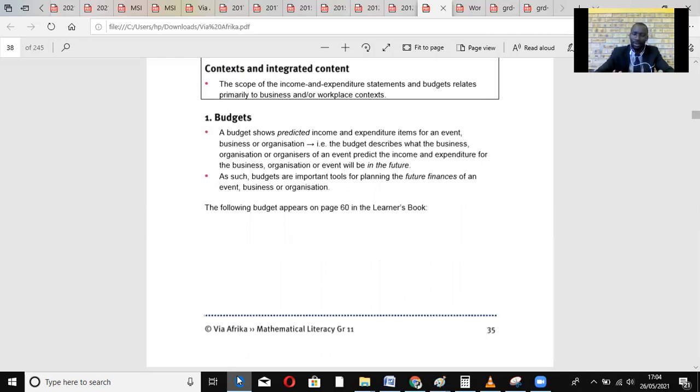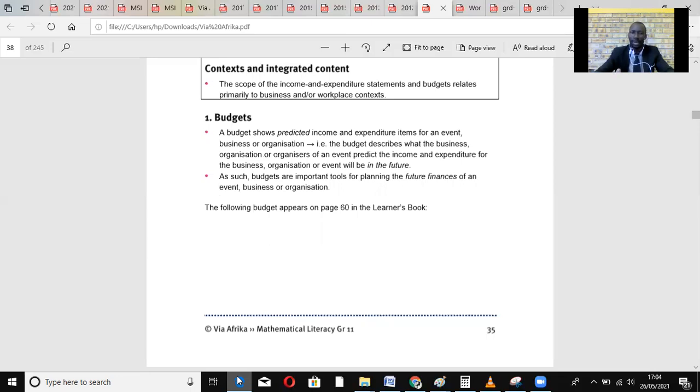For example, when someone says, I have made a budget, or when a business says, we have designed a budget for this term, for this period of time, for this month, or for this week, or for today, or our budget for today is this. What does this then mean?